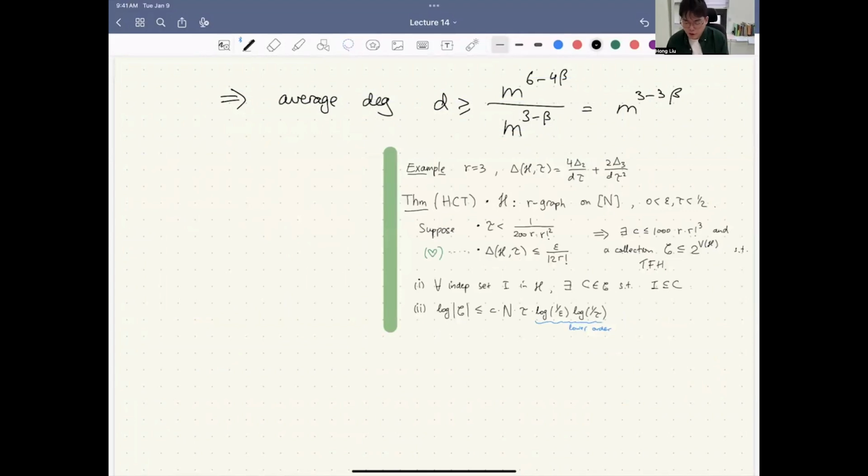Now, for 3 uniform hypergraph, what we need to care about is this guy, right?